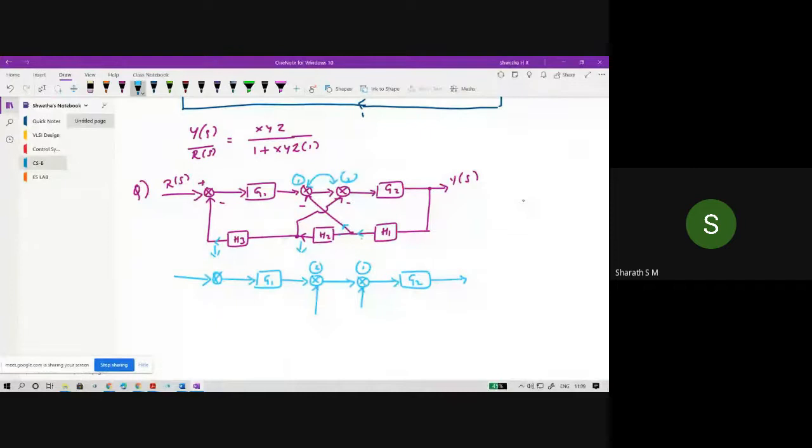The first one I'm writing here. For that we have the feedback element H1. I'm splitting this line. The second one I have written here, and that feedback element is H2. So here it's a product of H1 and H2.